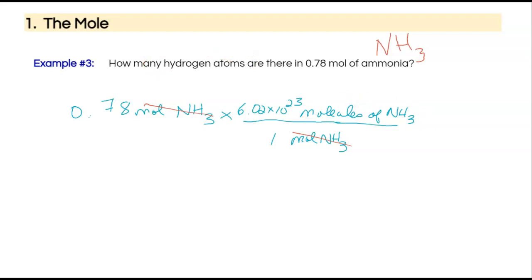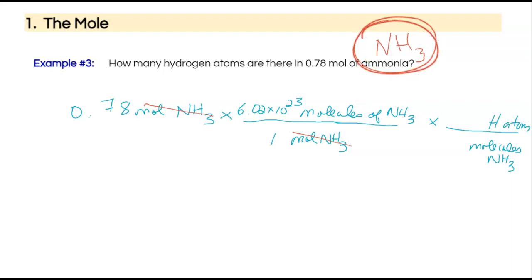And so the next thing I need to do is say, well, I don't actually want molecules of ammonia. So I need to get rid of that. I'm going to divide those out. Molecules of ammonia, right? And what I want to get are hydrogen atoms. Well, I know that for every 1 ammonia molecule, I have exactly 3 hydrogen atoms. And so now I'm all set up.